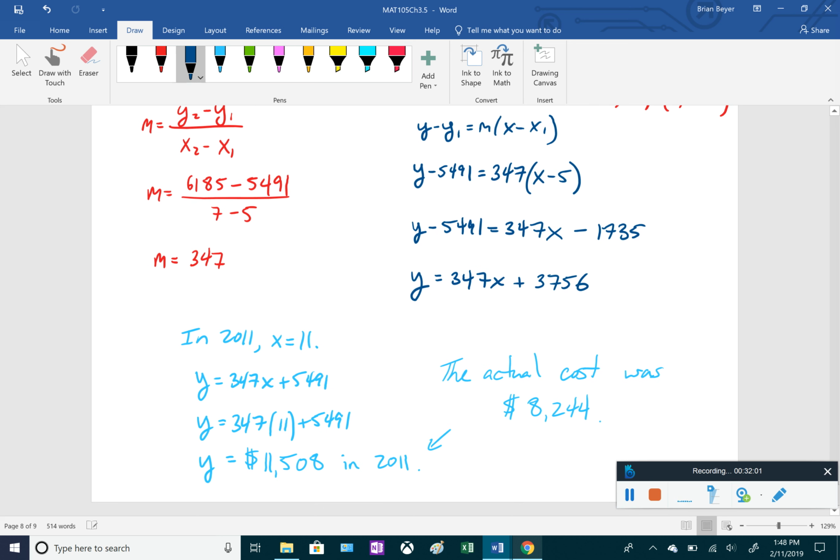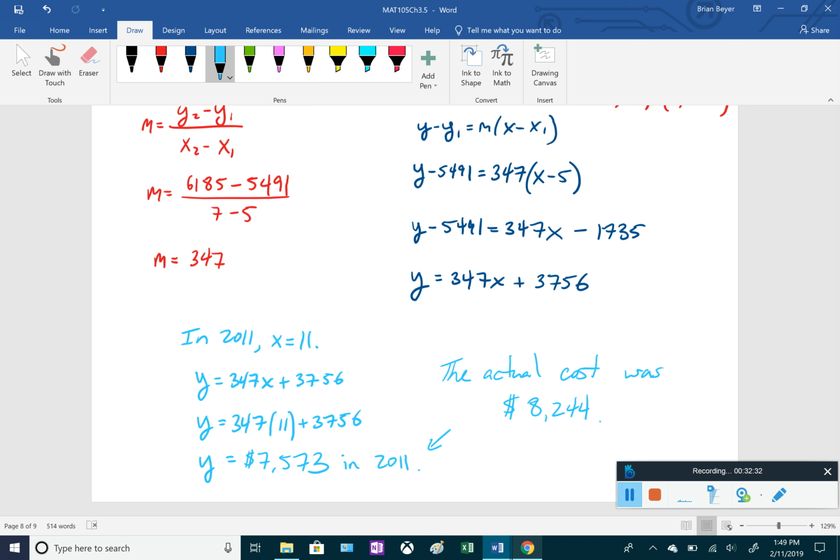And then this last part we did over here in the light blue, that would have changed this number, and I actually think the answer would have been a little bit more reasonable here. So it would have been 347x plus 3,756. So we plugged in 11, and we should get 7,573. So, okay, that makes more sense.